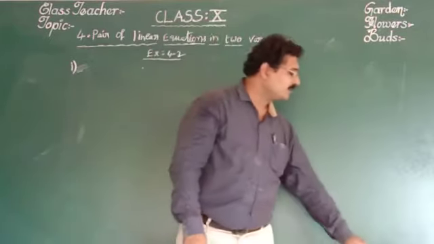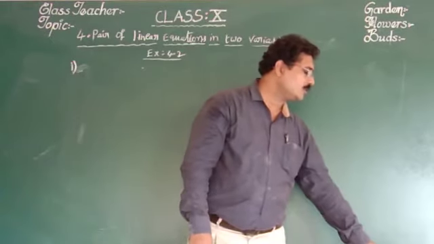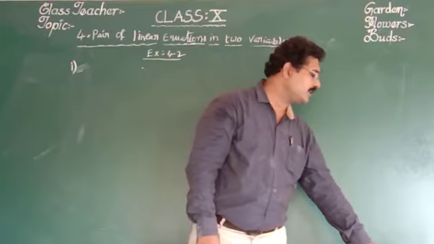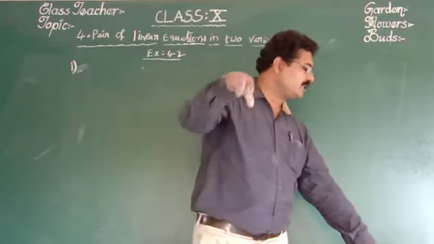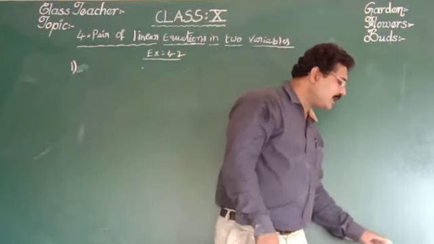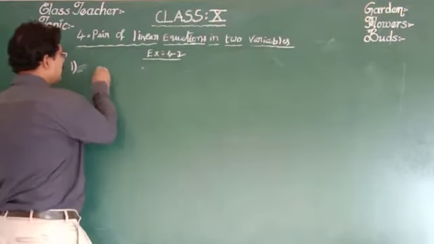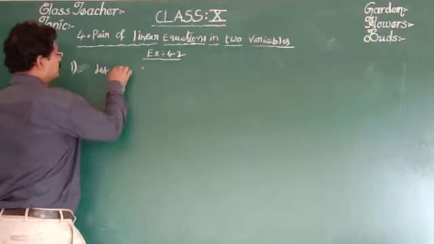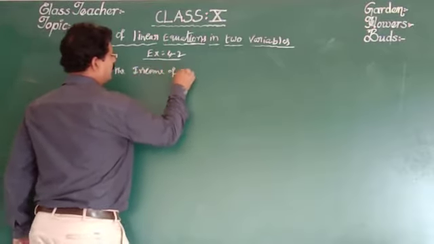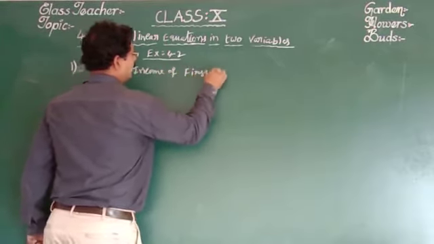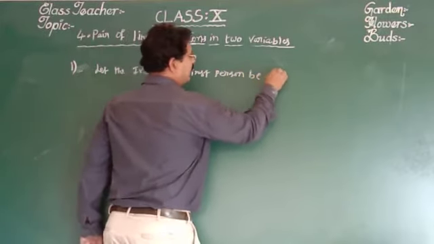Now see the problem. Two persons are there, so first the ratio of the two persons' income and expenditure. The ratio of incomes of two persons is 9:7 and the ratio of their expenditures is 4:3. So let the income of the first person be 9x, suppose.